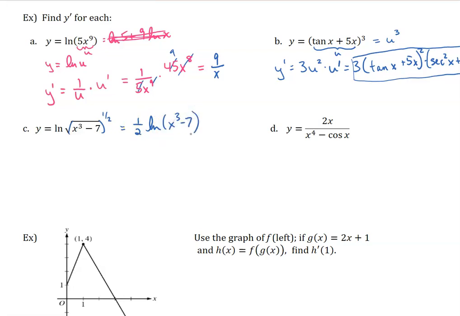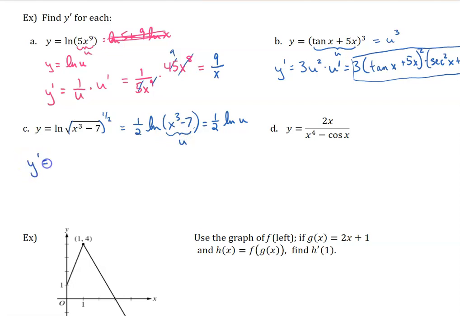Now, I still have a composition of functions, so I'm still going to use the chain rule, but I don't have a composition within a composition. I just have basically one level of composition. So this is equal to 1/2 times the natural log of u, all right? And u is this inside expression, x cubed minus 7, okay?